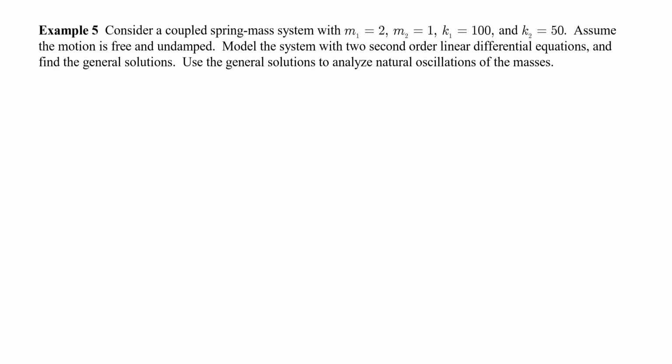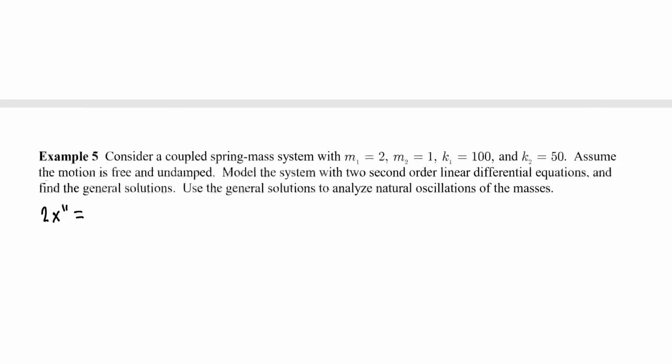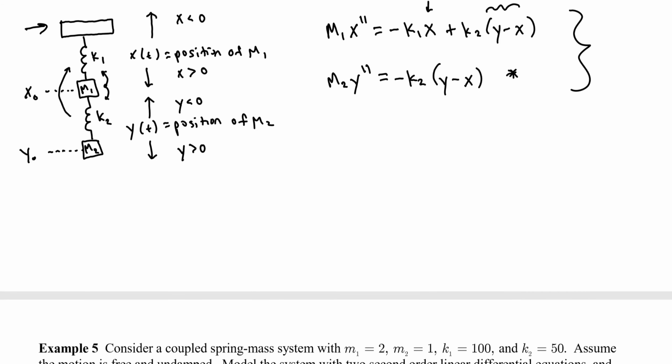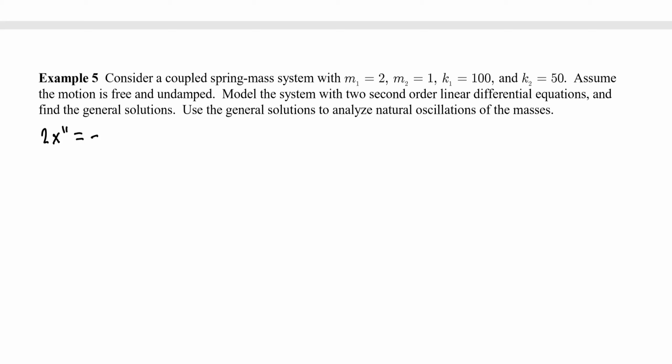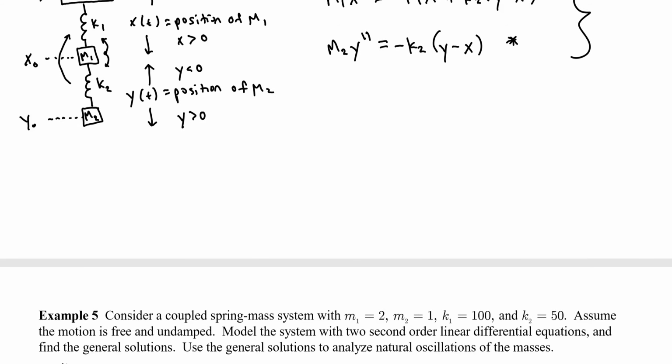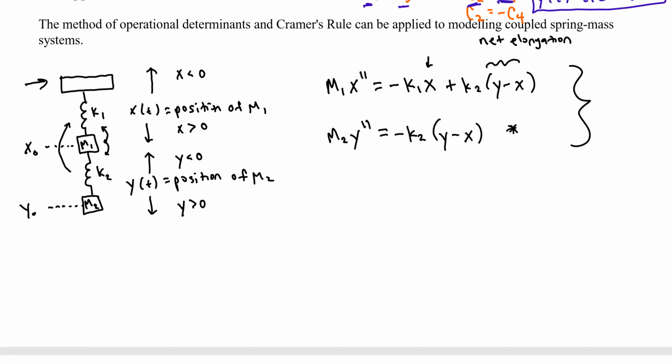We have mx double prime, so 2x double prime equals, now we have negative k1 times x, so we have negative 100 times x plus k2, 50, times y minus x. So again, using this model, just plugging in our parameters.